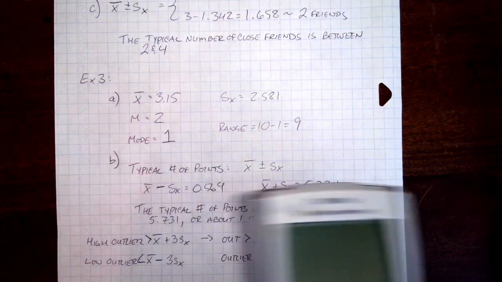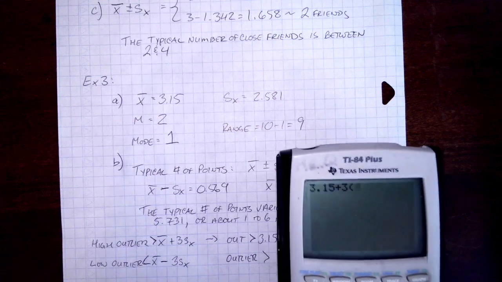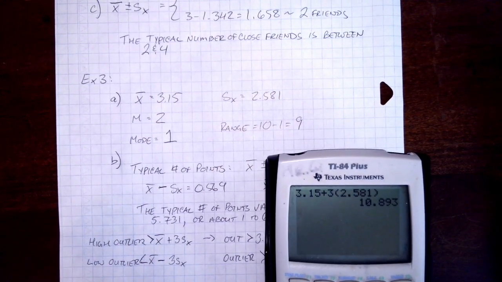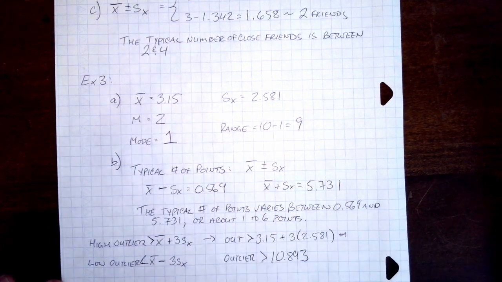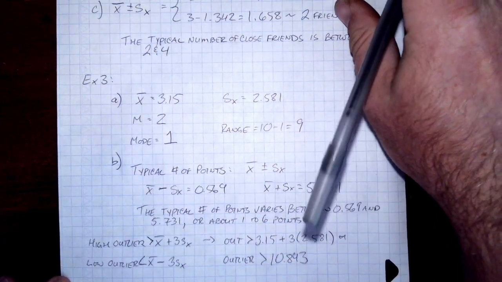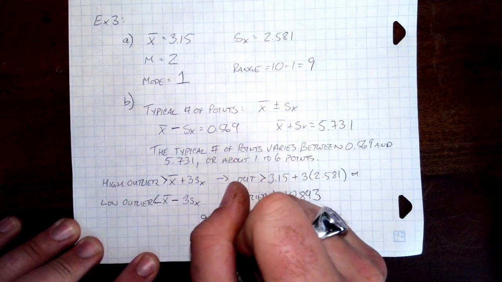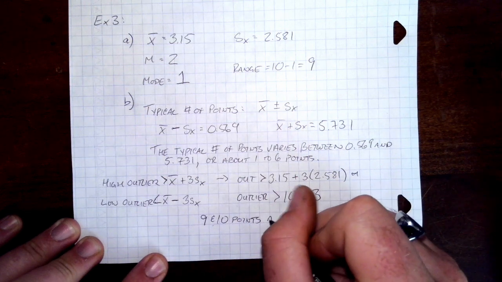So, again, calculator, 3.15 plus 3 of those 2.581s. Anything above 10.893 will be an outlier. 9 and 10 are not above that number, so that means that 9 and 10 points are not outliers.